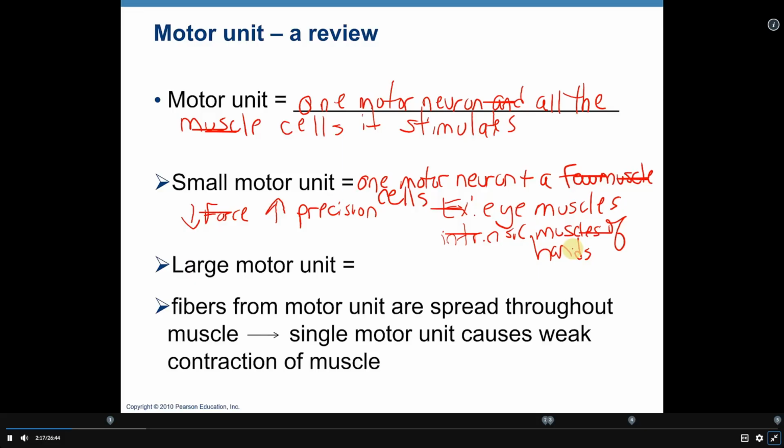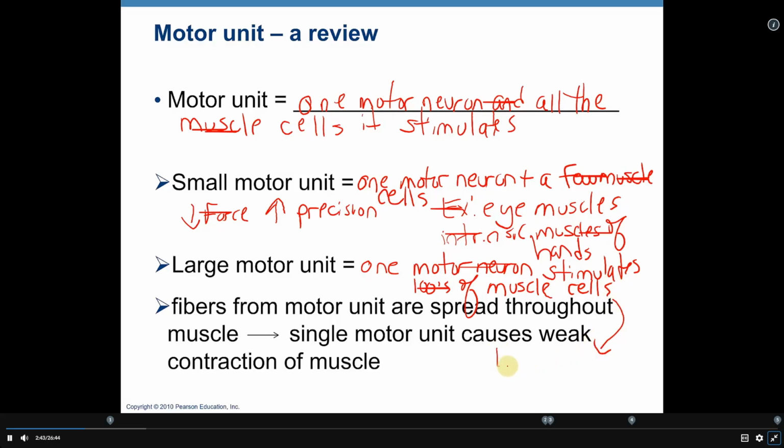On the other hand, a large motor unit is when you have one motor neuron which stimulates several hundred muscle cells. And an example of this, I'm going to put it down here, would be the gastrocnemius.